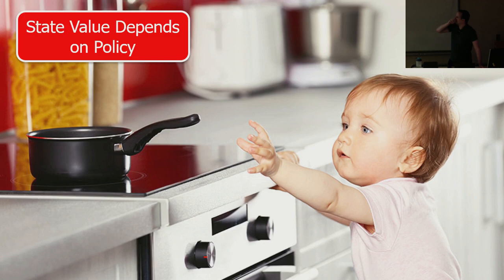The adult knows that the baby's policy has not gone through enough iterations to know what to do here. And even if the baby knows what it should be doing, grabbing the handle and moving it, the probability of reaching its desired state is probably pretty low because of its motor function abilities, right? So it's dependent on the policy. This is a scary state for this person, but not for an adult person, or most adult people. Okay, so that's an important thing.